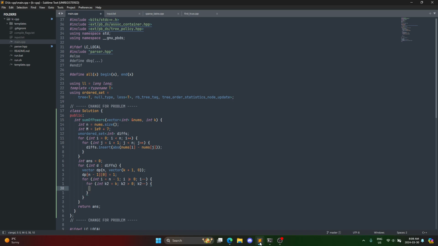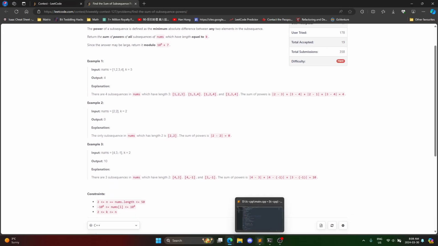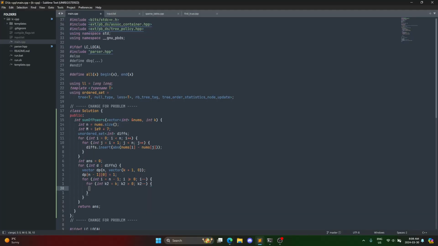That's technically n to the power fifth. So n power four.